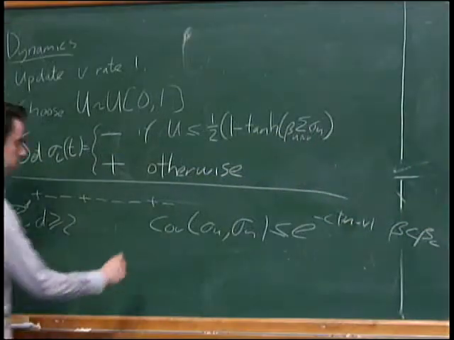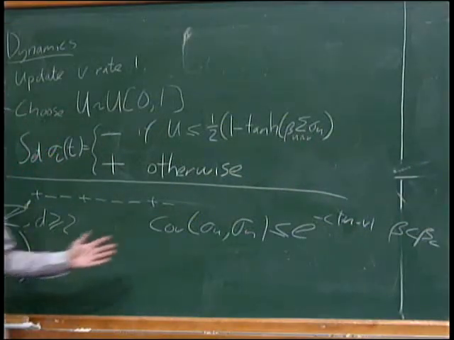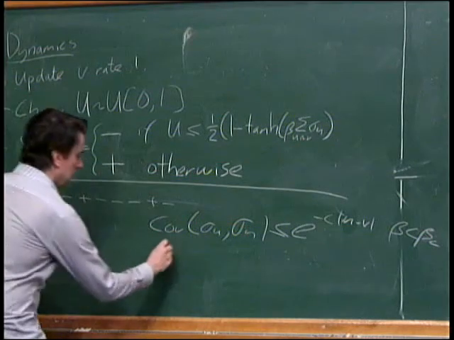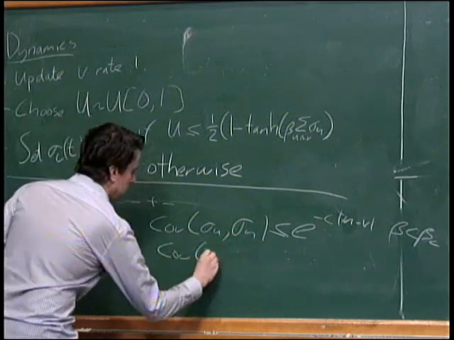But when beta is greater than beta_c, you won't have decay of correlation.